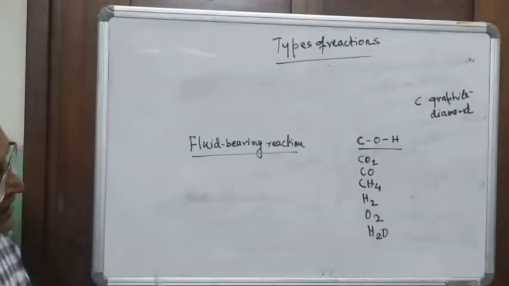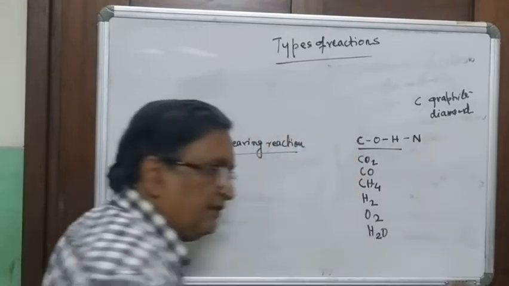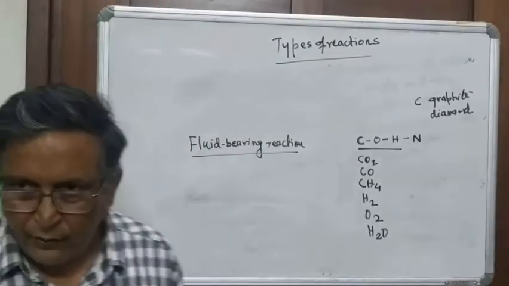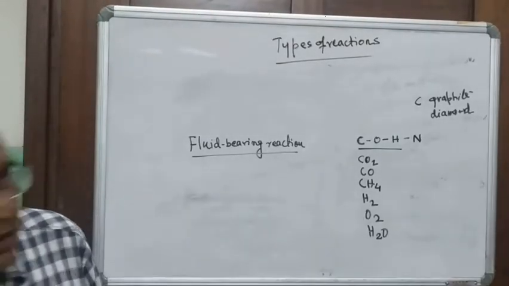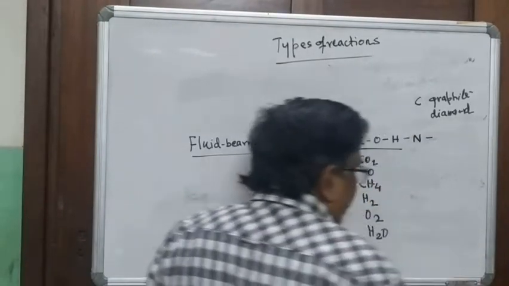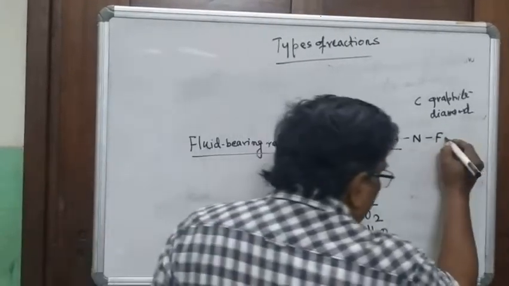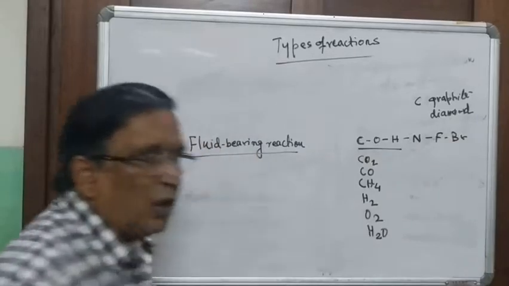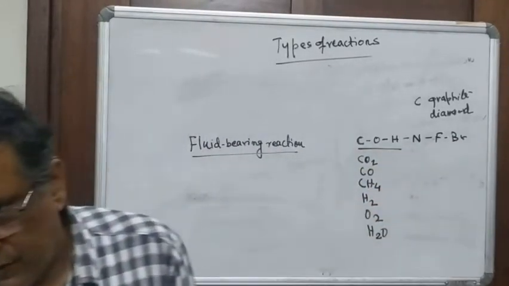But there are fluids where, for example, there is nitrogen involved. These have been detected in fluid inclusions, and then the system becomes bigger. Also, you get systems involving fluorine, bromine, or halogens. So there can be more complex fluids.